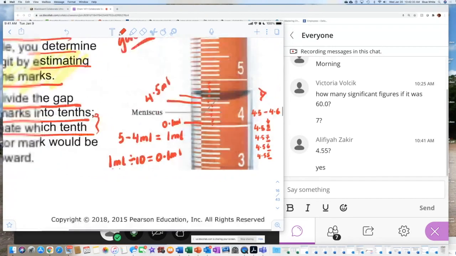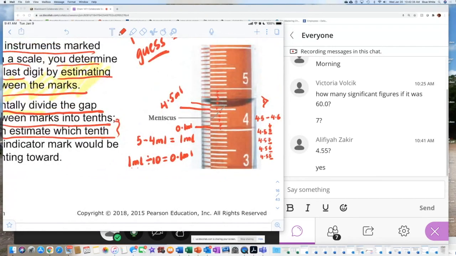So later on, we'll learn the rules of how to round the numbers, but I'm going to write them here. I'm out of space on the right. So we know how to round numbers from math, right? If you've at least had math, you know how to round numbers. So I'm going to write this here. 4.56, 4.55. Okay.